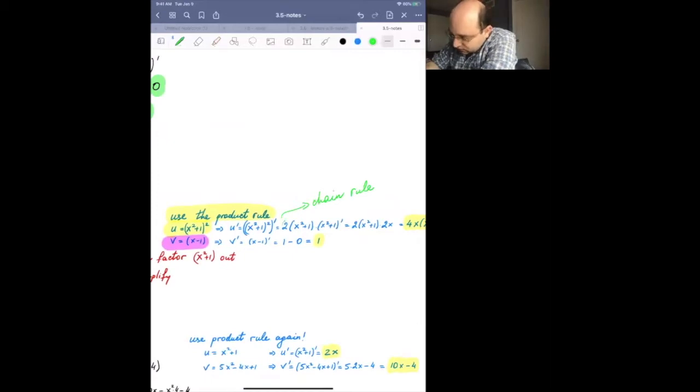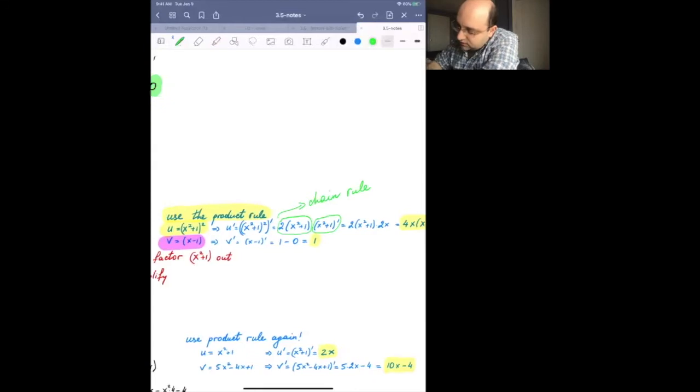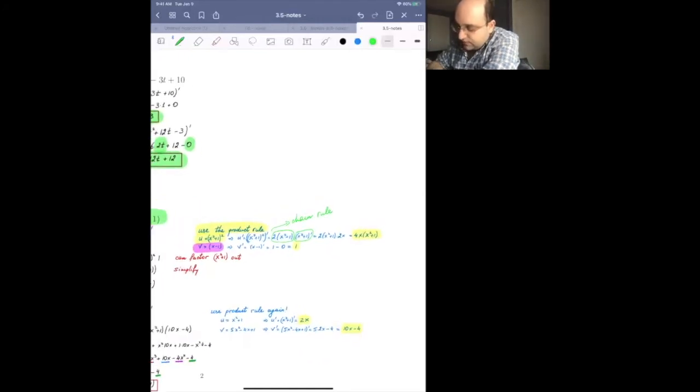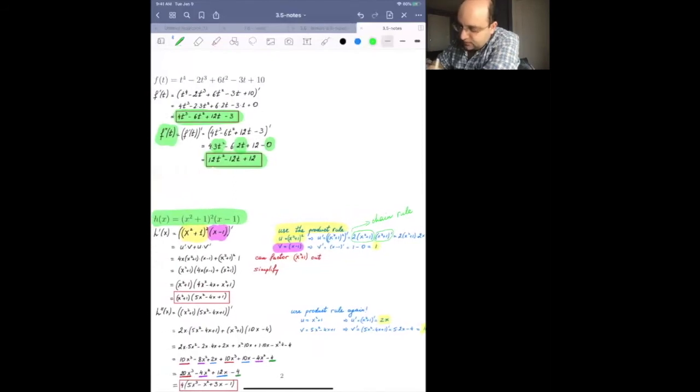So the derivative gives me 2 times whatever is inside times the derivative of the inside function, and the inside function is x squared plus 1. So the whole thing becomes 2 times x squared plus 1 times the derivative of x squared plus 1, which is, of course, 2x. If I simplify the whole expression, I get 4x times x squared plus 1. So that's just the derivative of u. Okay?